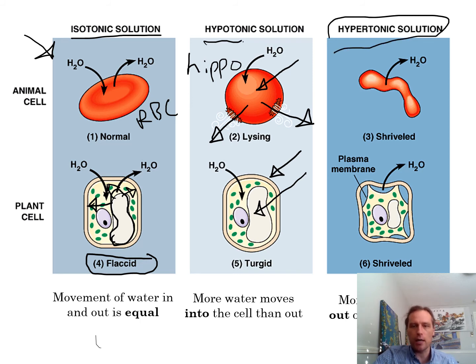Hypertonic solution. Let's go back to plant cells for a moment right here. This is fatal to a cell. Something called plasmolysis occurs. Too much water diffuses out of the plant cell because the outside external environment has a higher concentration of solutes. So water diffuses down its concentration gradient to where there's more solutes.